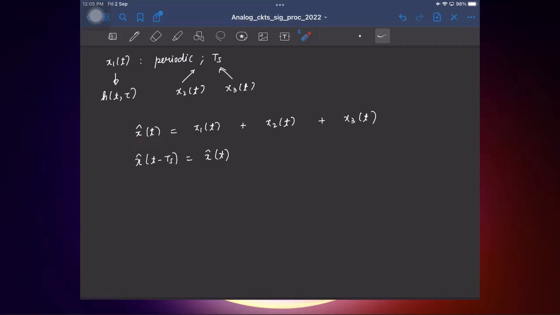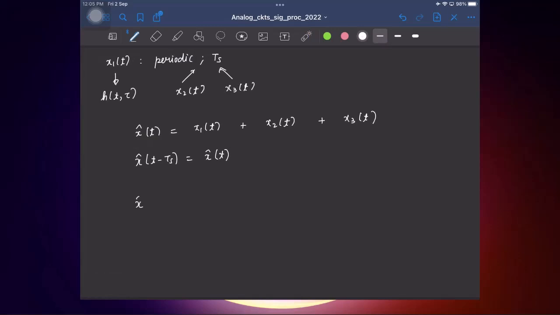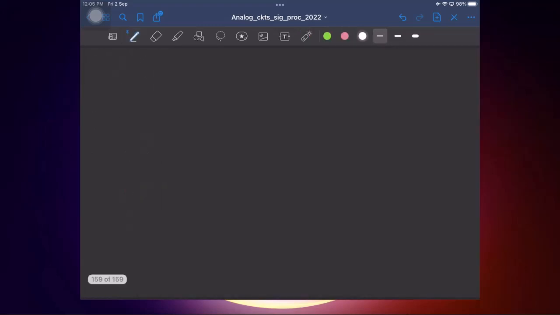Let us say we choose that frequency to be 3 times Fs. So all we want is x hat of t to be periodic with a time period of Ts by 3, right? So we want to see if we can actually enforce this. Probably I'll move to another page. So this is what we want.